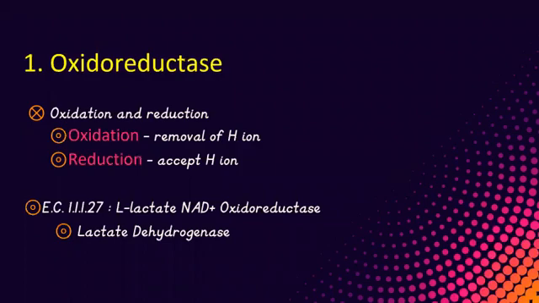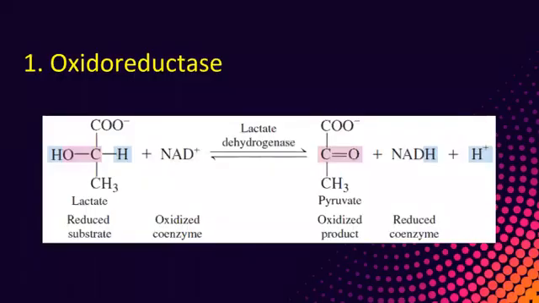In the process of oxidation, there is removal of hydrogen ions, while in the process of reduction, there is acceptance of hydrogen ions. Our EC number for this type of enzyme is 1.1.1.27. An example is lactate dehydrogenase.